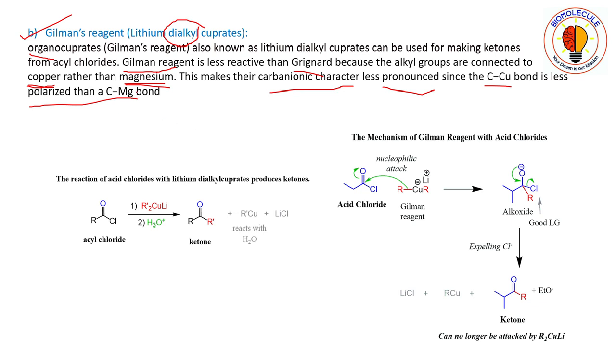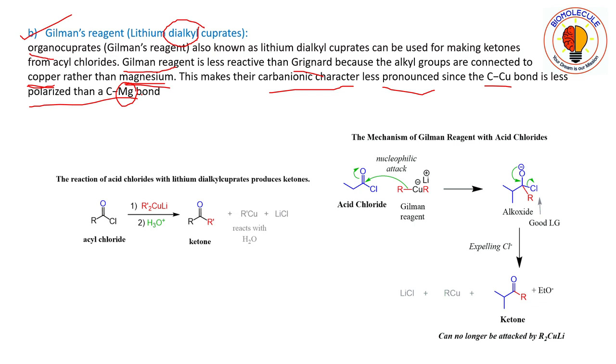That is, the electropositivity of magnesium is more as compared to copper. So, since electropositivity of magnesium is more, the electronegativity difference of carbon and magnesium will be large as compared to the electronegativity difference of carbon and copper.